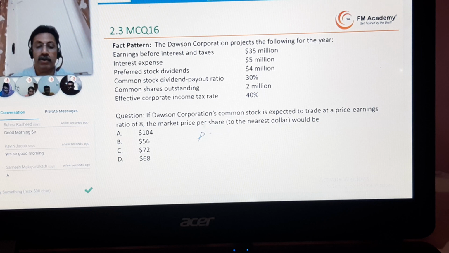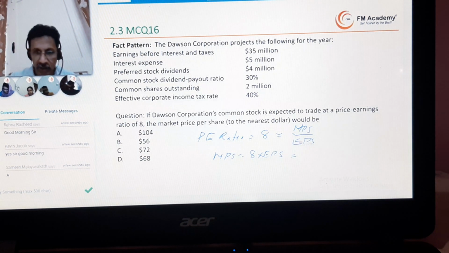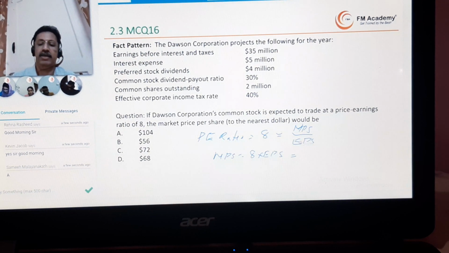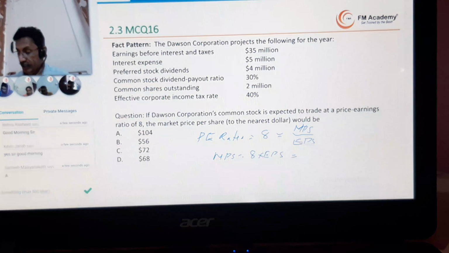PE ratio is given as 8, that is equal to market price per share divided by earnings per share, right? So what is the market price per share? That is 8 into earnings per share. You had already computed earnings per share, but the numbers are not there, so you can compute once again, multiply with the PE ratio, you will get the answer, right?